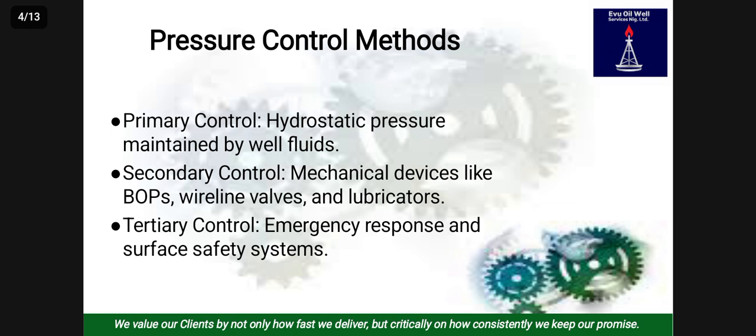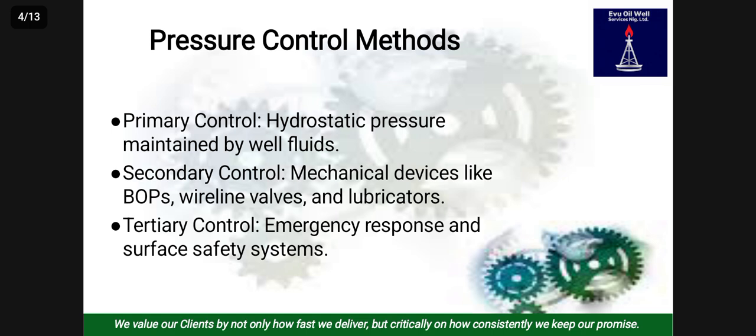So, pressure control methods. What are the methods in controlling pressure? We always work with multiple layers of defense that keep this pressure in place in a safe manner. The first line of defense is the primary control, and this is the hydrostatic head of well fluid. Sometimes we call it kill fluid.